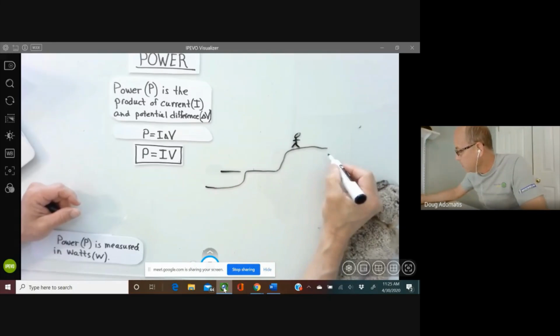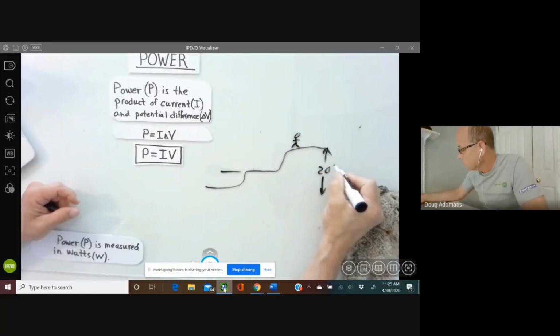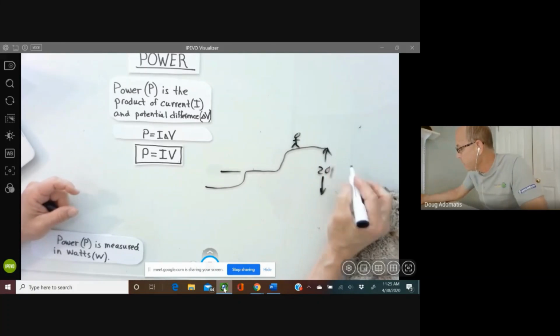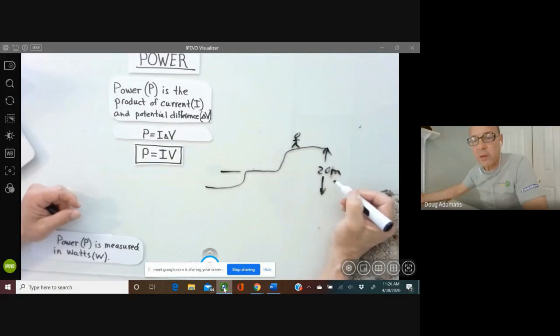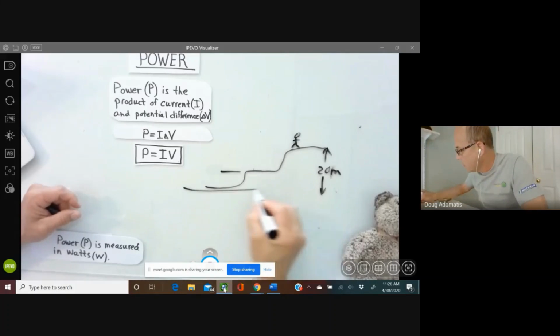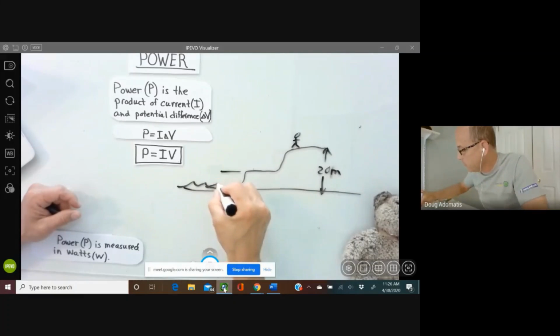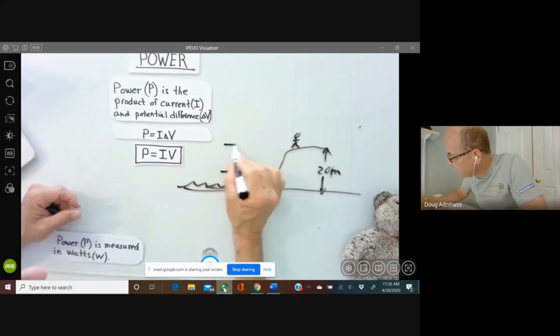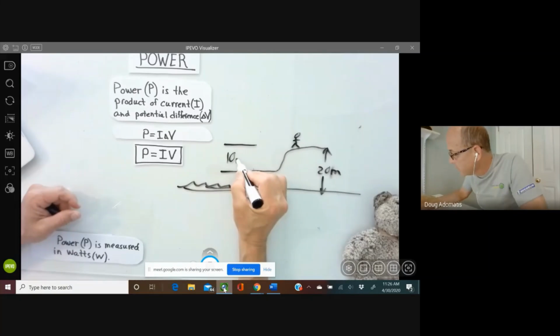Say you are 20 meters high from the lake, but you're only 10 meters high above the beach.